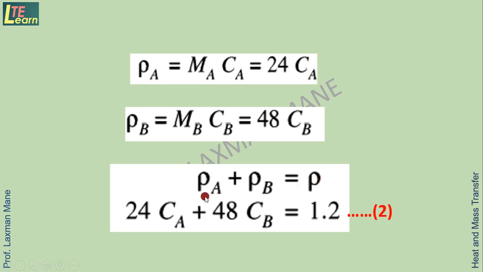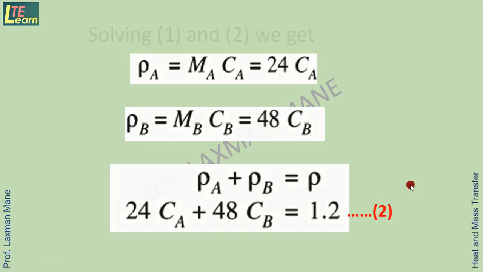For rho A, we have the relation rho A is equal to 24 Ca, that we will write here. For rho B, we have 48 Cb, that we will write here. So we will have one more relation between Ca and Cb, that we will write as equation number 2.